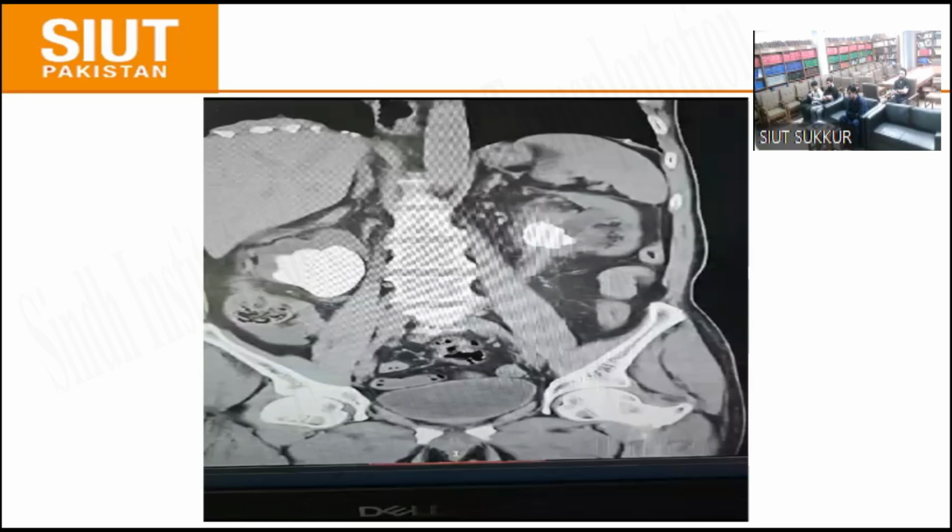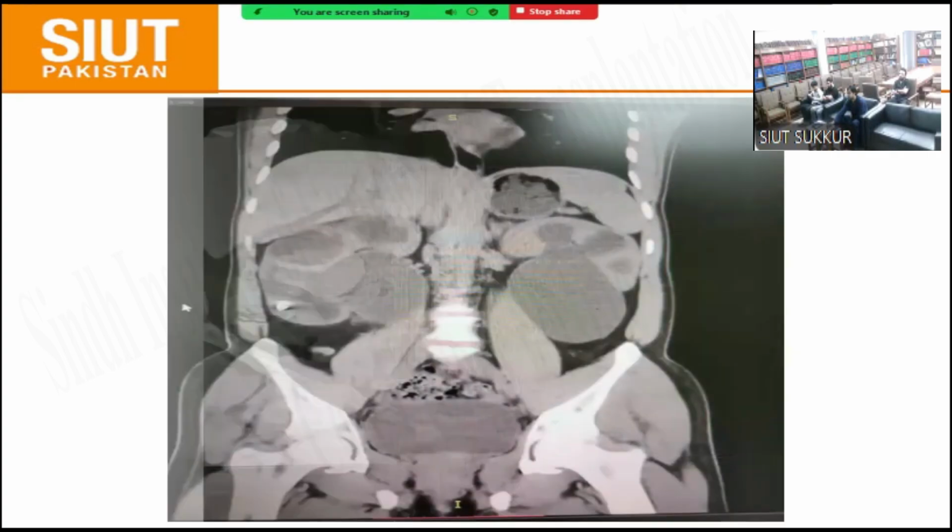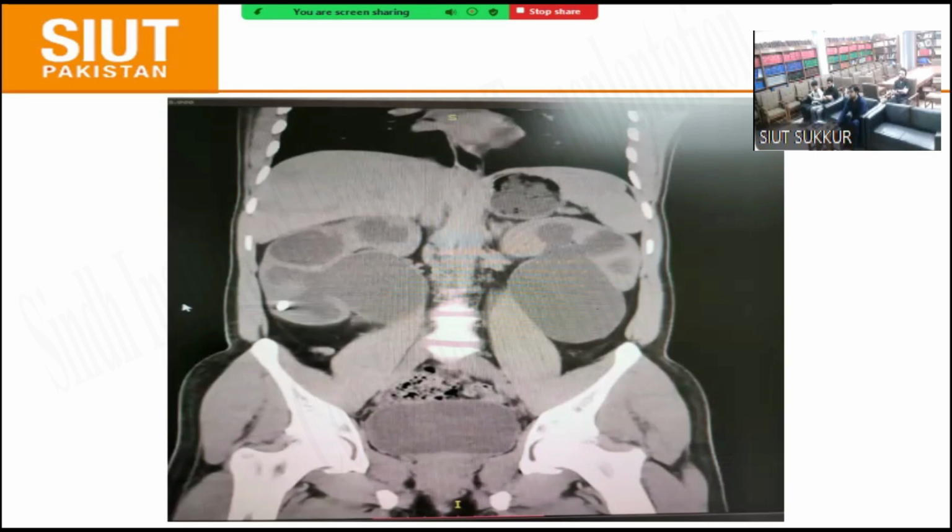So you are right, there is a bilateral renal stone with paper thin cortex on the right side. Sayad, proceed with the next CT scan. Anybody from the audience?